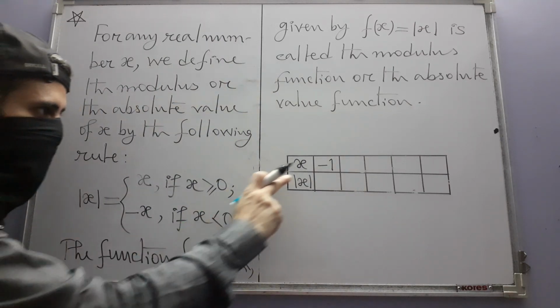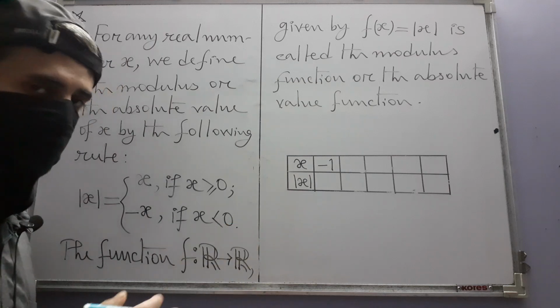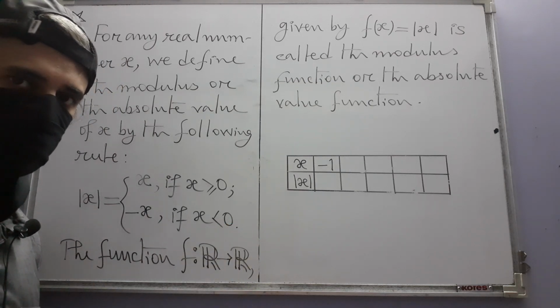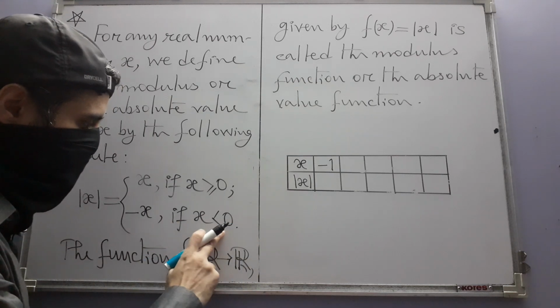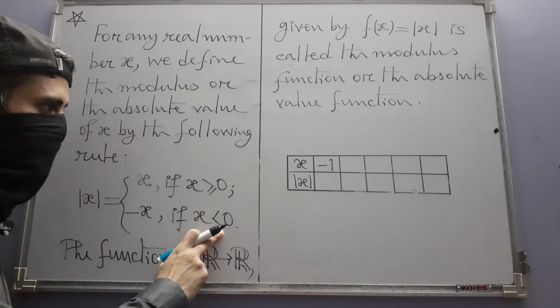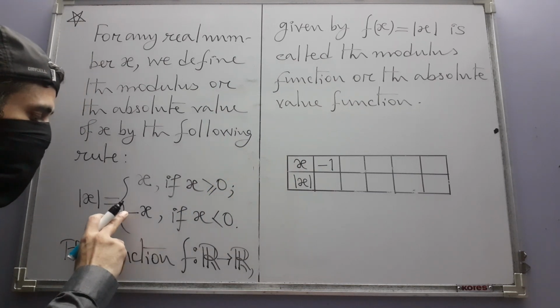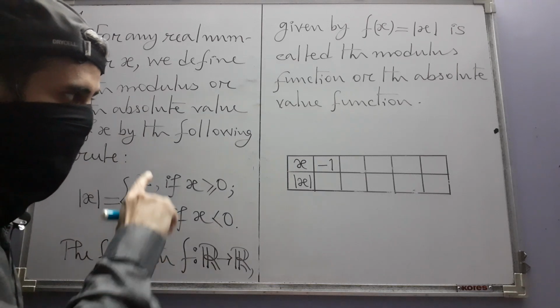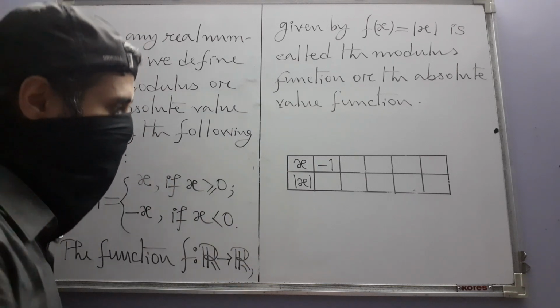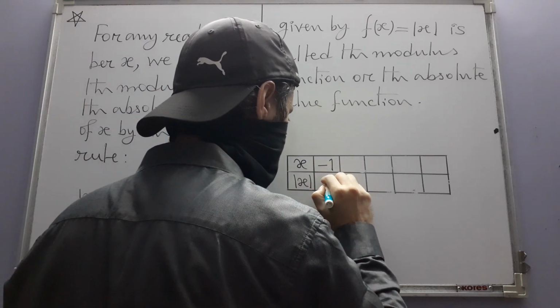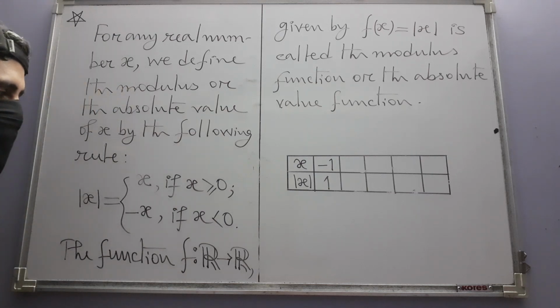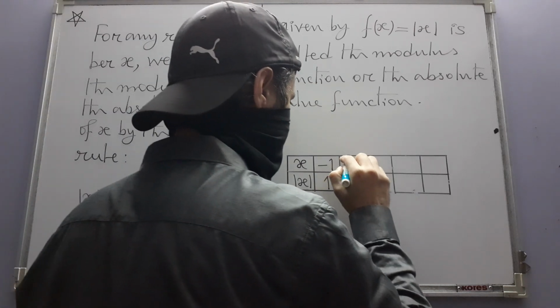Right. Now, what is minus 1? Minus 1 is a real number. Is it positive or negative? Negative. That means this condition is satisfied. So, the absolute value of minus 1 should be minus of the input. That means minus of minus 1, which is 1. Say I take 0.